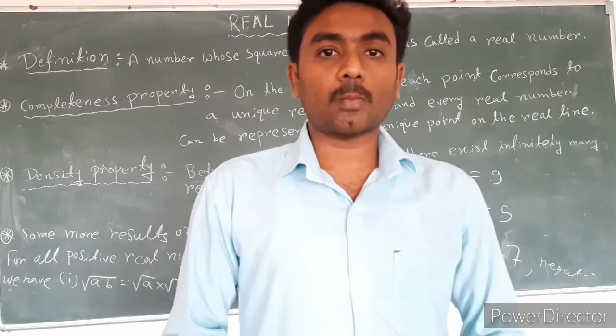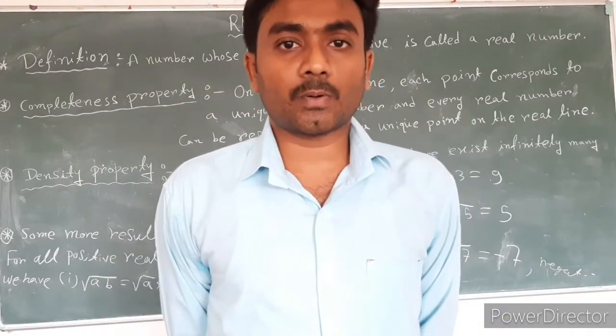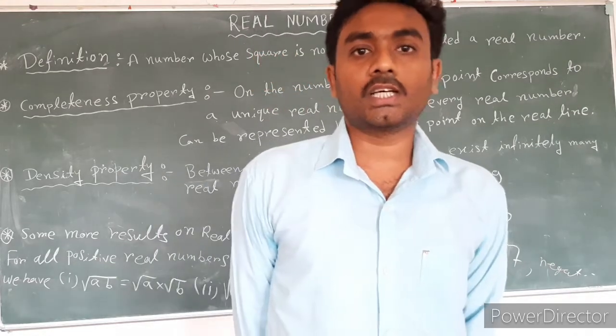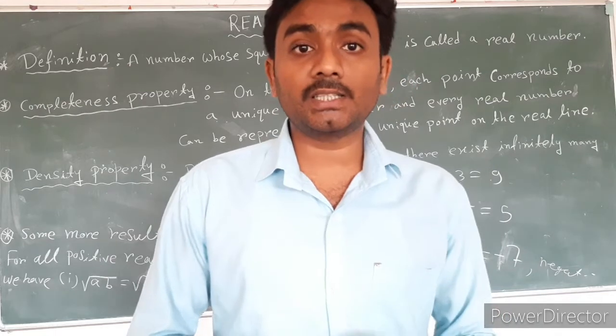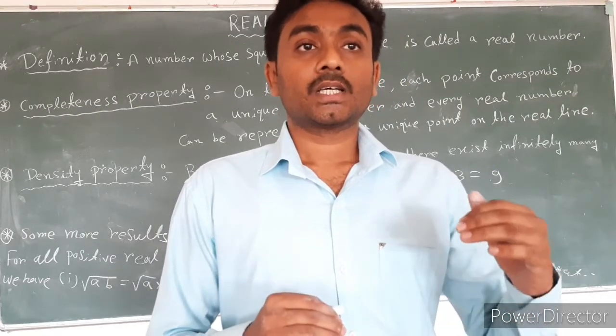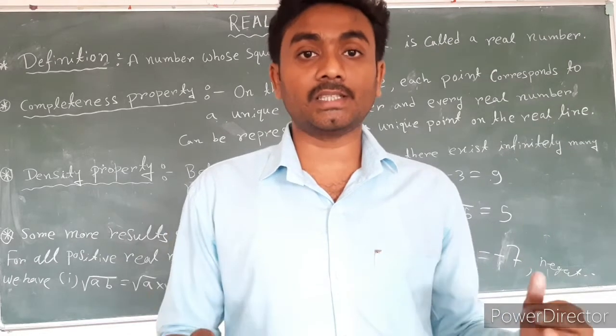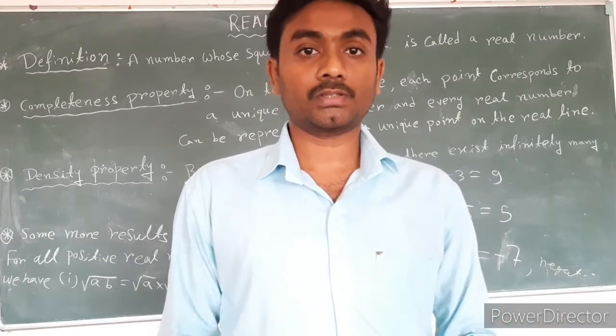One is the completeness property. What is the completeness property? First, we know that there are infinitely many real numbers, and also in a line there are infinitely many points.